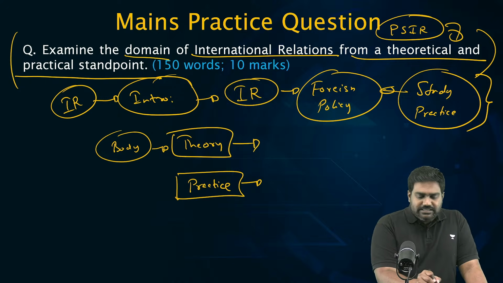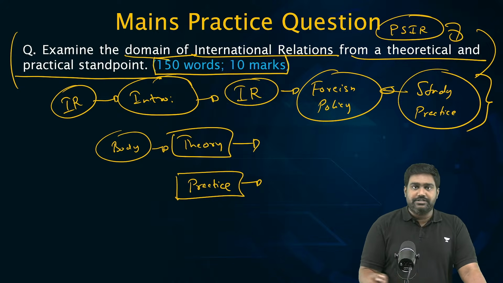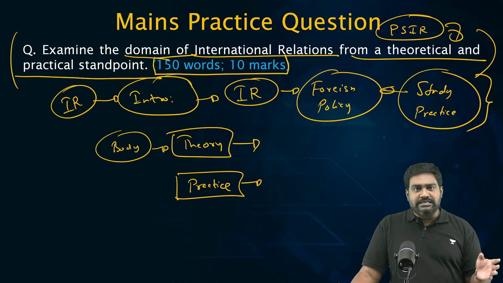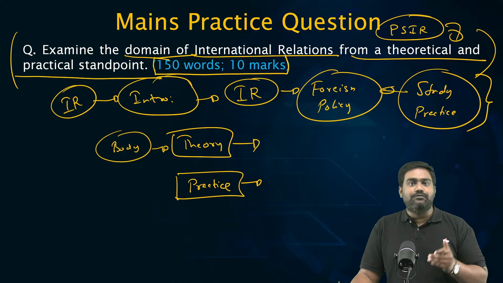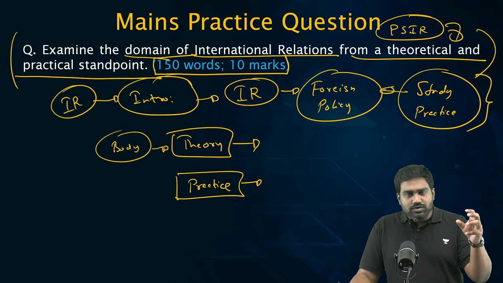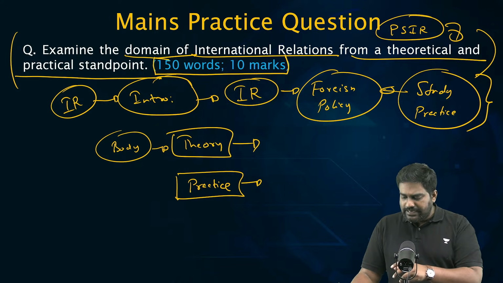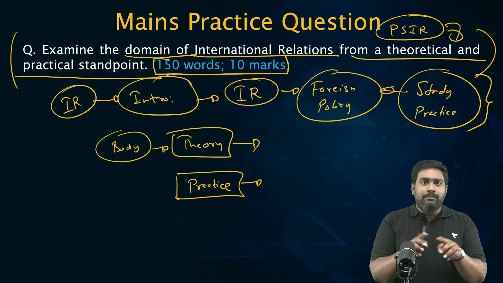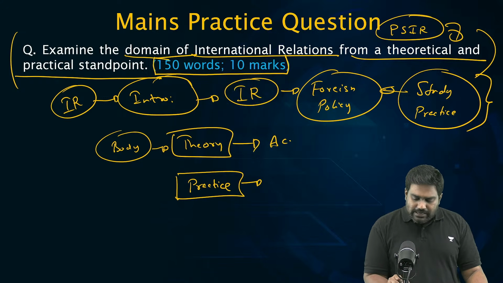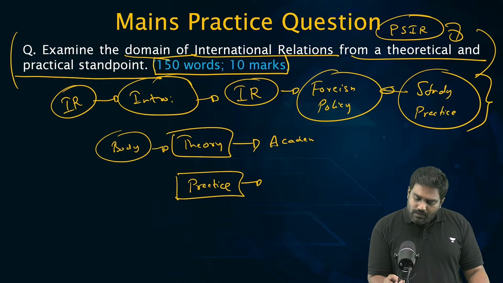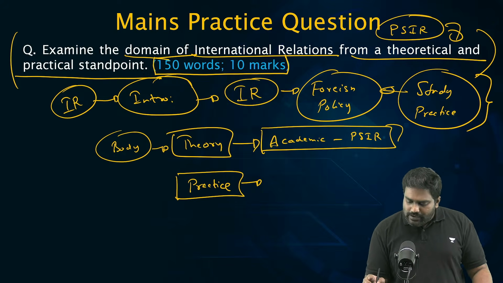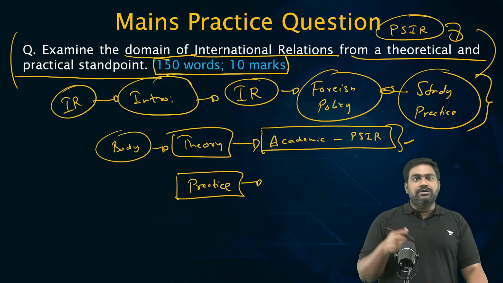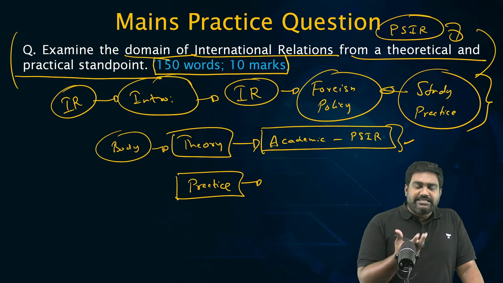See, don't forget, it's a 10-mark question for just 150 words. So you can't waste, you can't write unnecessary things. Be very specific. First, introduce the concept of IR, stating that it's both the study and practice of foreign policy. In the body, you can divide it, break it down. In theory, it's an academic discipline, part of PSIR, and you can explain how academicians and students try to make sense of the world.